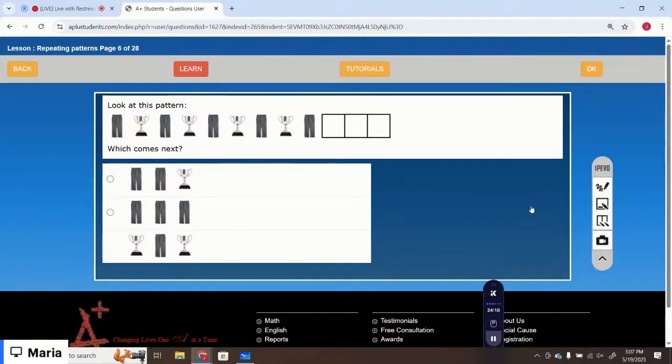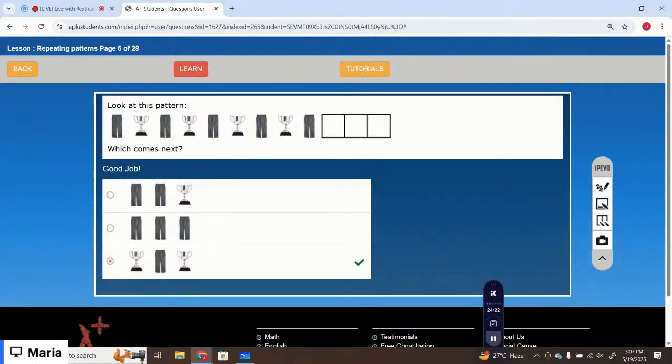Option number three is the correct option. That is the option three that comes next.